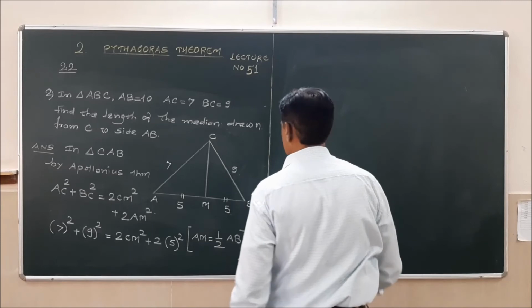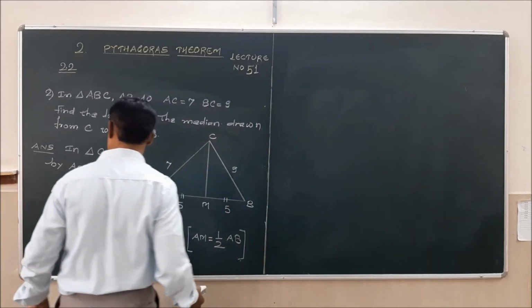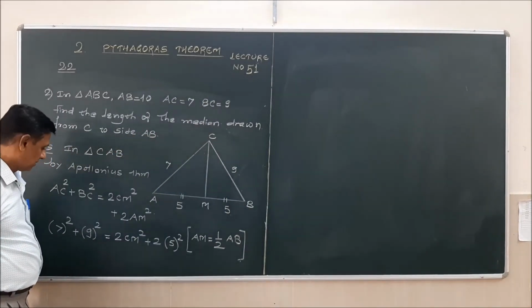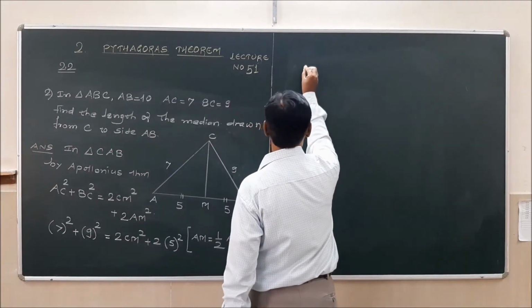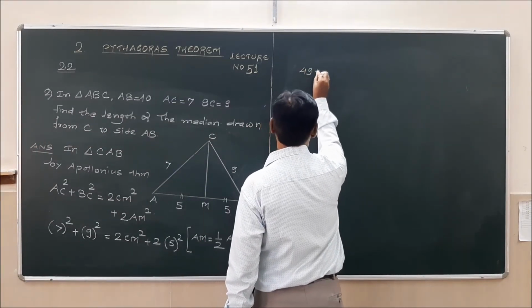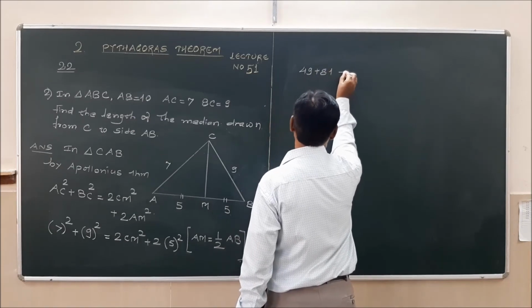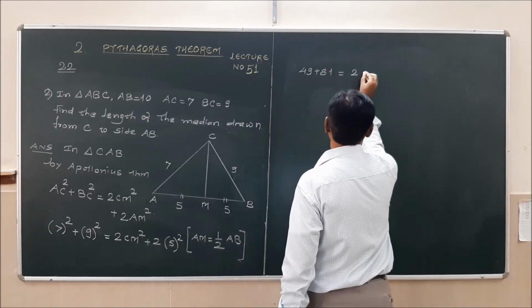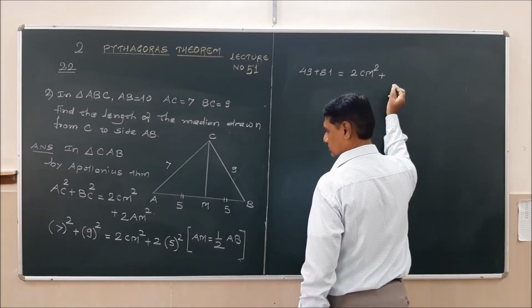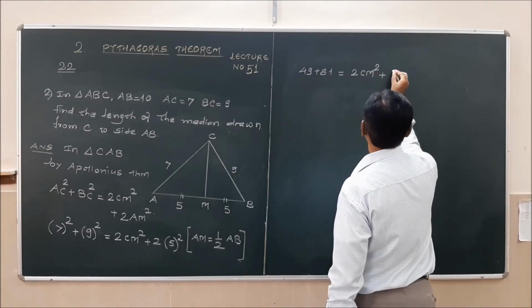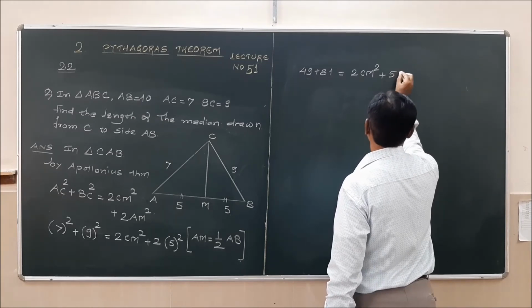If we continue the same, 7 squared is 49 plus 9 squared, 81, that is equal to 2 CM squared plus 5 squared is 25, twos are 50.